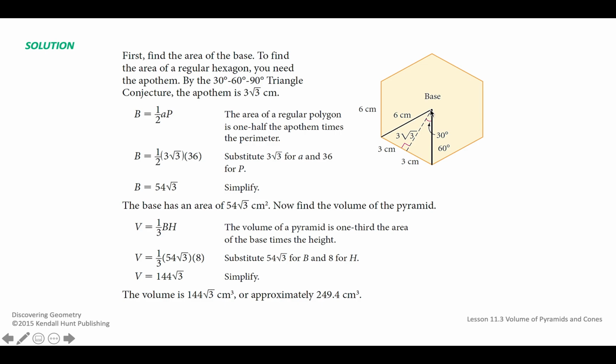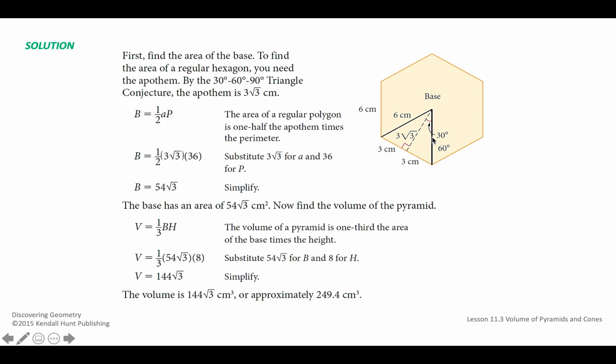Because if you split 360 degrees into 6, each central angle is 60 degrees, and so basically you could split the hexagon into 6 equilateral triangles. So this is 6 centimeters because it's got to be the same as this side, which is 6 centimeters.